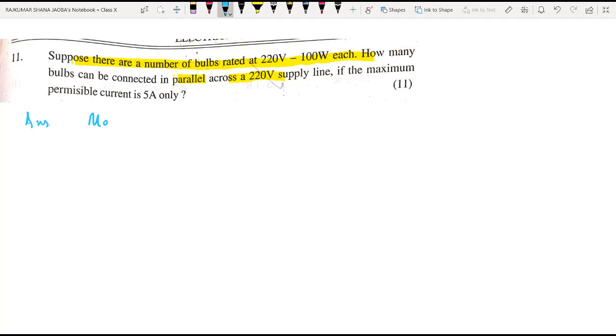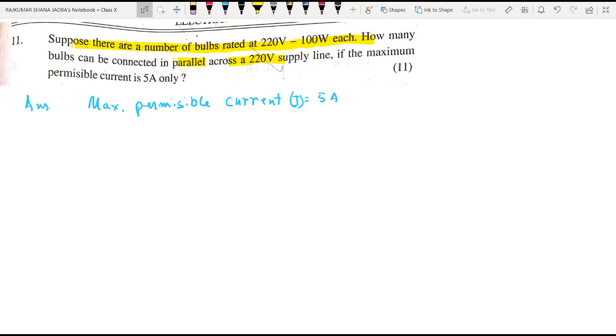So maximum permissible current I equal to 5 ampere. Now it is given that power of the bulb is 100 watt and voltage is 220 volt.